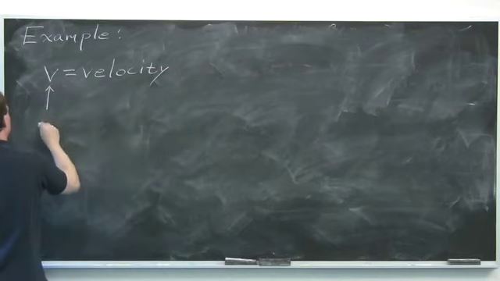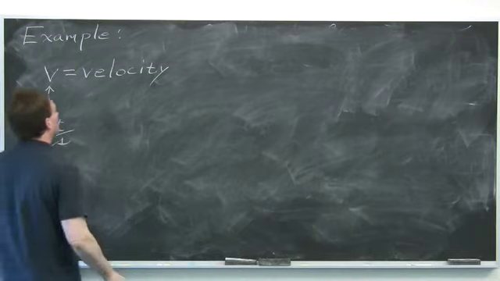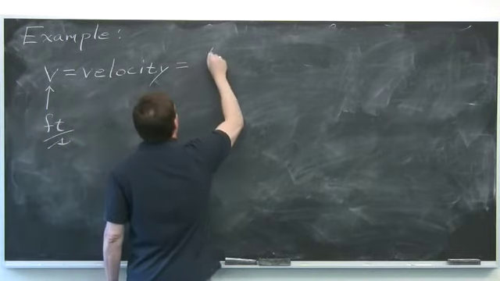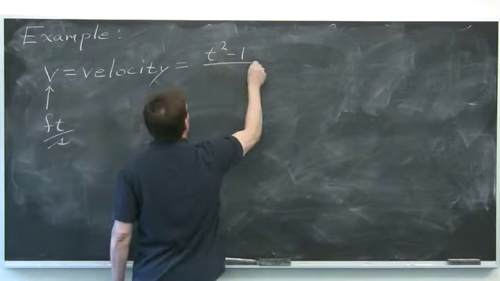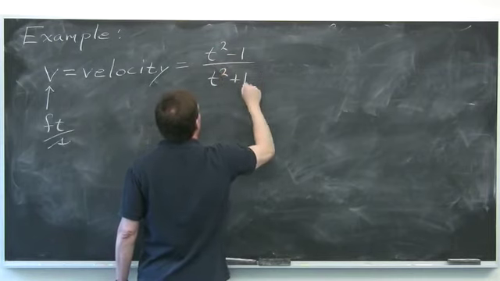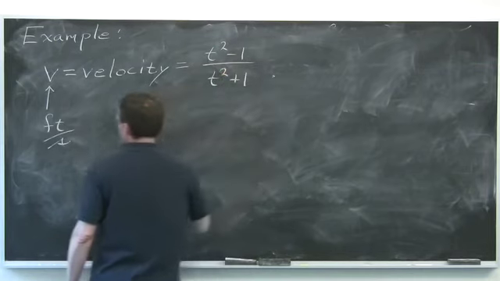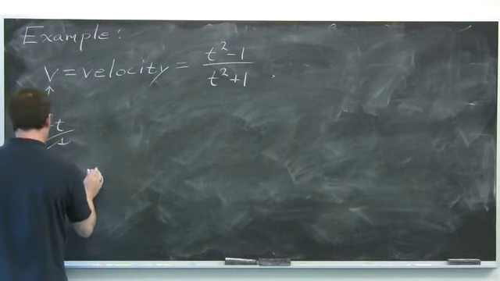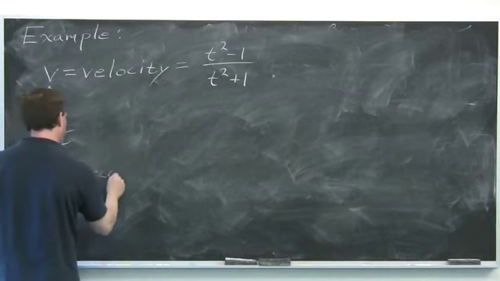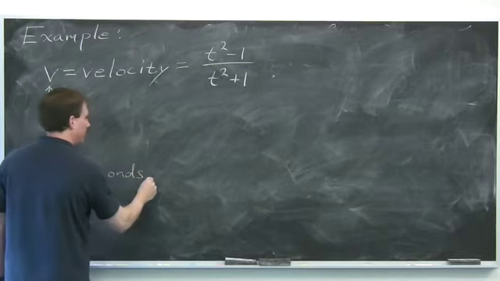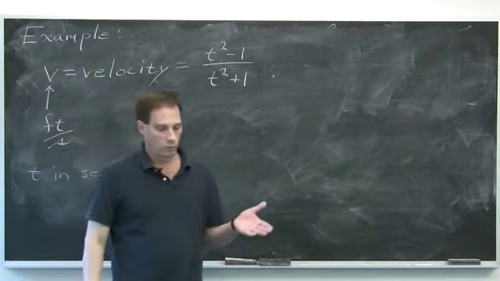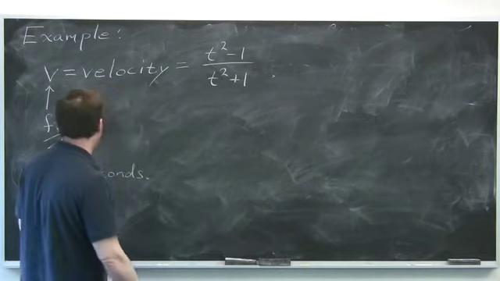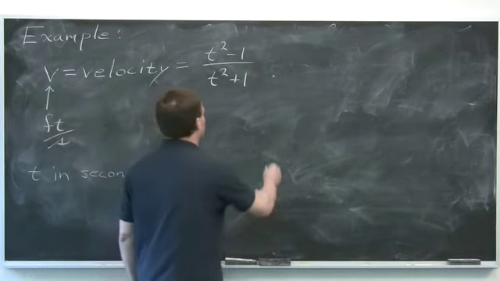And just to change our units, we'll use feet per second for the velocity. It's given by t squared minus 1 over t squared plus 1, where t is the time in seconds. We can ask, what's the acceleration of the object at time 2 seconds?